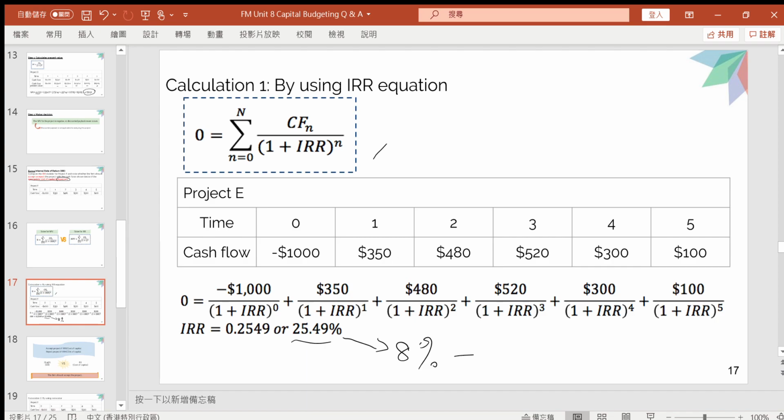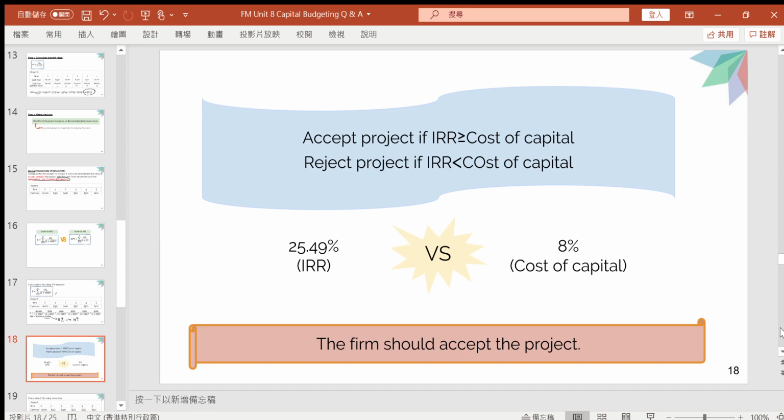Even if it increases to 18 percent, it is still far below this internal rate of return, and that lets you know this project, according to the internal rate of return, should be accepted. It is far above the cost of capital. That's why we will accept according to the benchmark decision making.